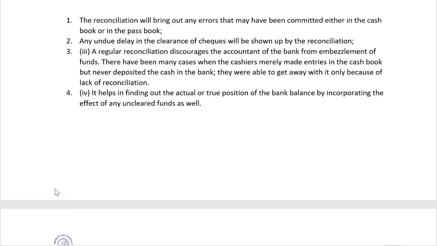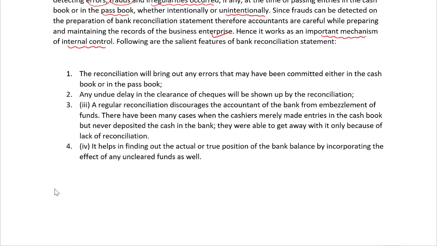Let us see. The first salient feature is that the reconciliation will bring out any errors that may have been committed either in the cash book or in the passbook. Second, any undue delay in the clearance of a check will be shown by the reconciliation.